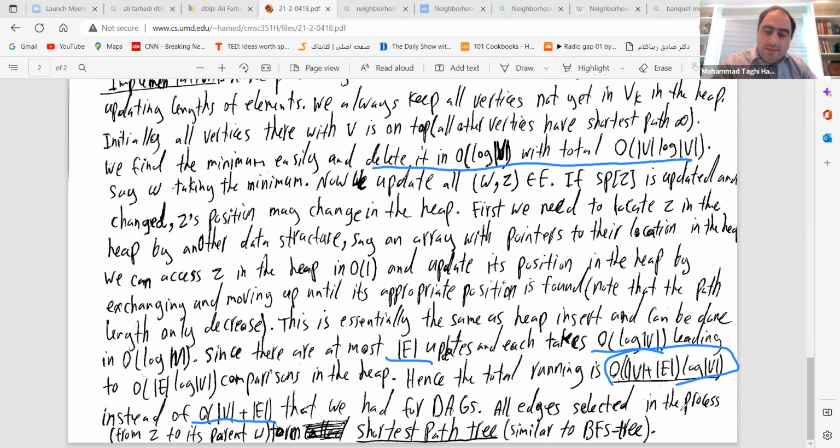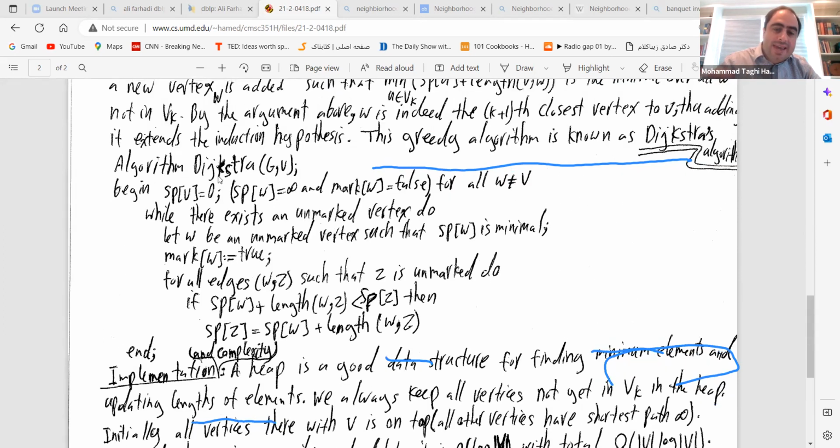Yes. Okay, any question? Yeah, so when do we update SP of W? SP of W will be updated when the edges incoming to W are considered. So here in the algorithm, we are only updating SP of Z, correct? But this Z is just a name.